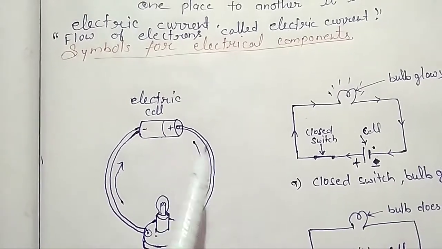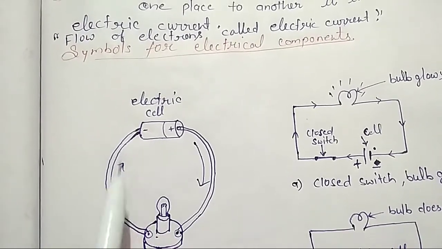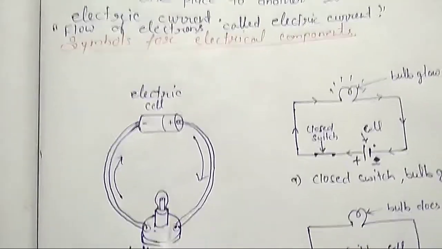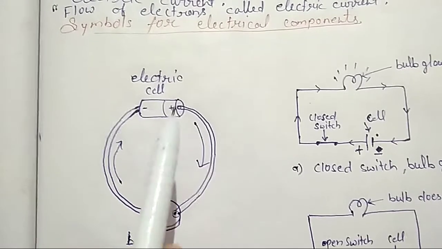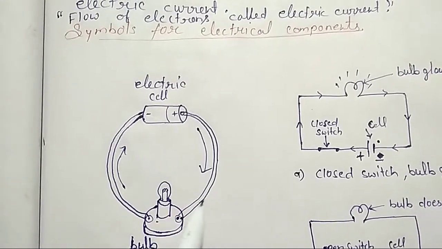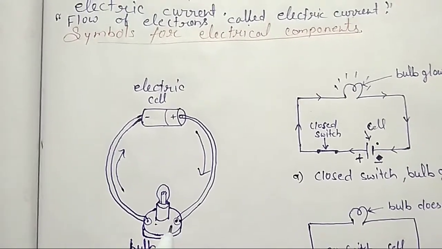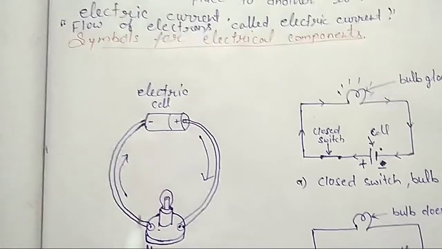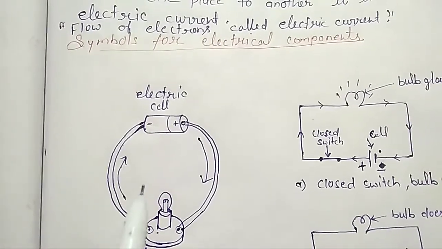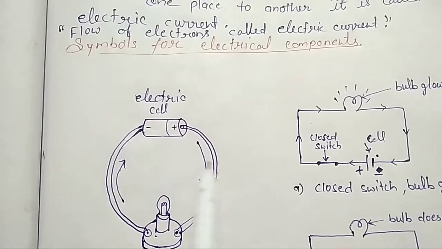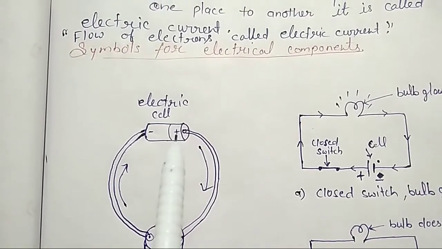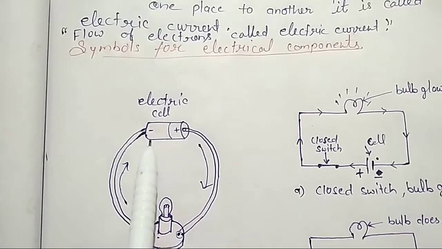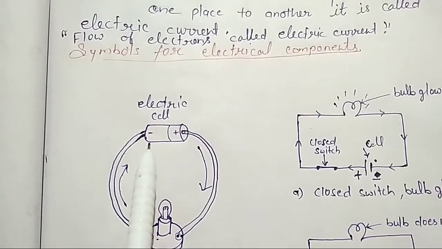There are two parts of wire that are connecting both the items, cell to bulb. This wire is connecting the bulb through here, and this is connecting to the cell through here. Here you can see, this is the positive terminal of the electric cell and this is the negative terminal of the electric cell.